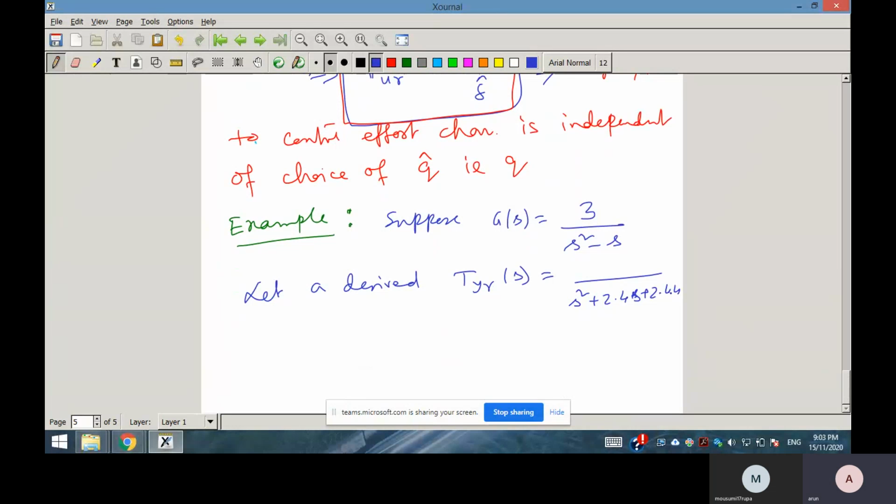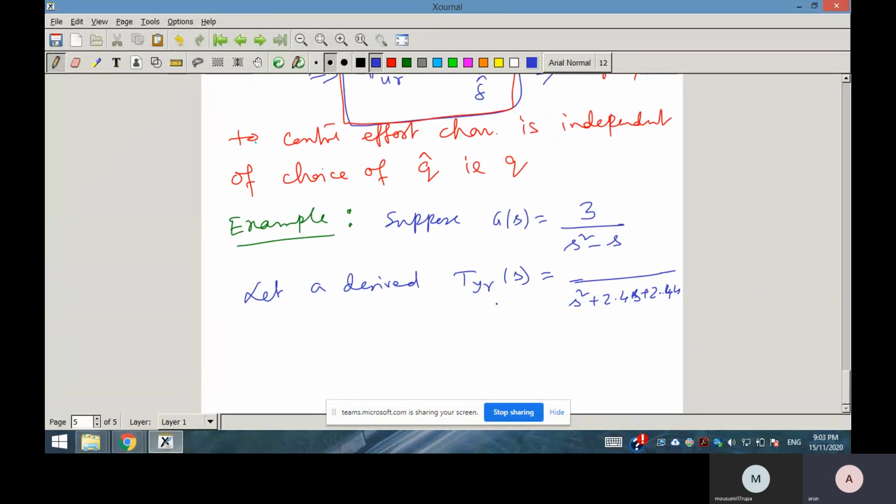Why I have chosen this, I will come to. But now see what the numerator order will be. The relative order should be 2, which means in the numerator only one gain will be there. What will be the value of that gain?